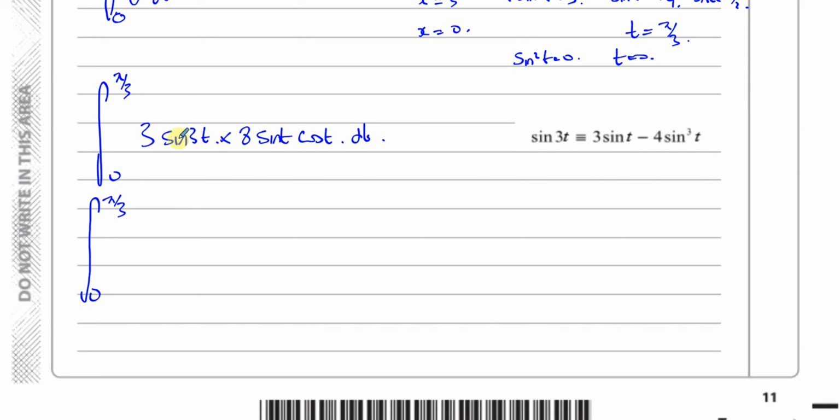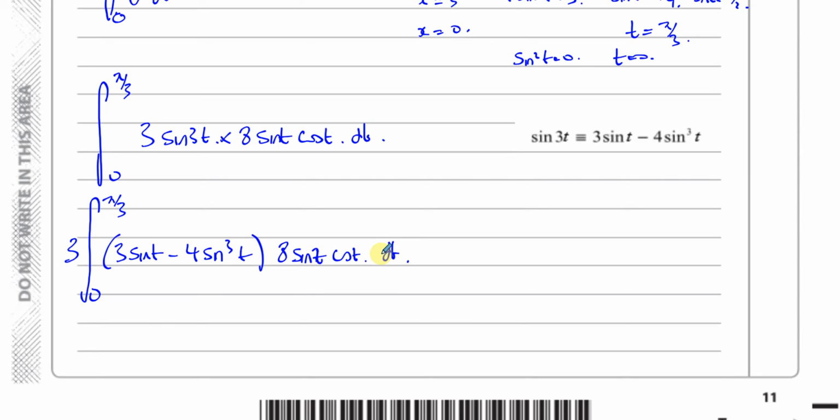Let's take this 3 out and leave the 8 there for now. You're going to have, so sine 3t is 3 sine t minus 4 sine cubed t, and here we've got 8 sine t cosine t and dt.